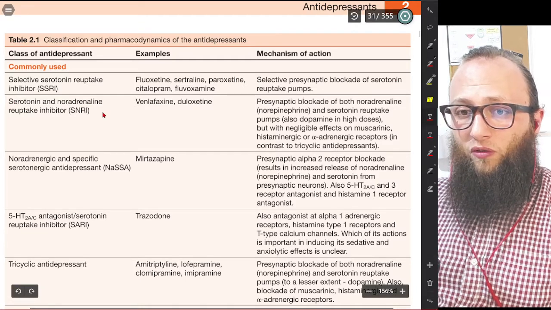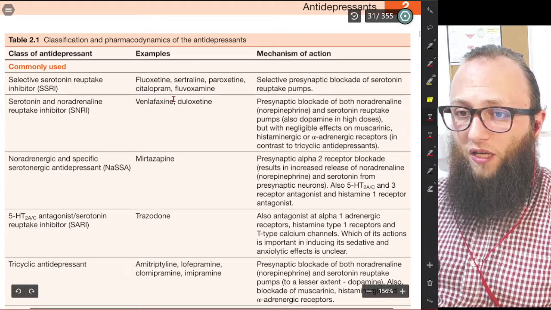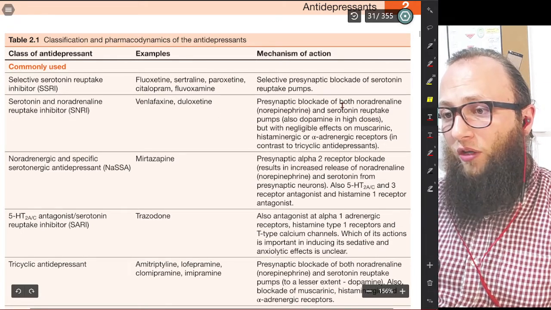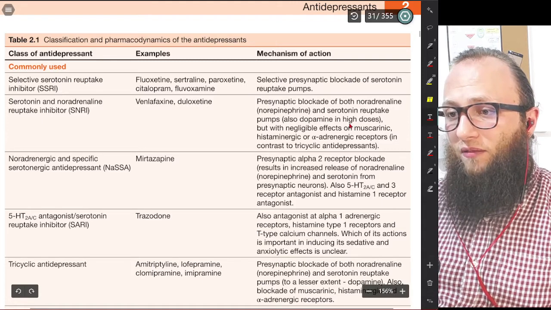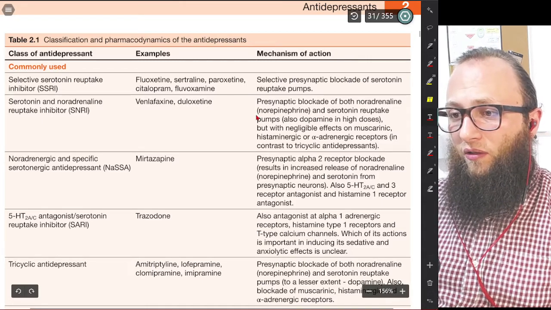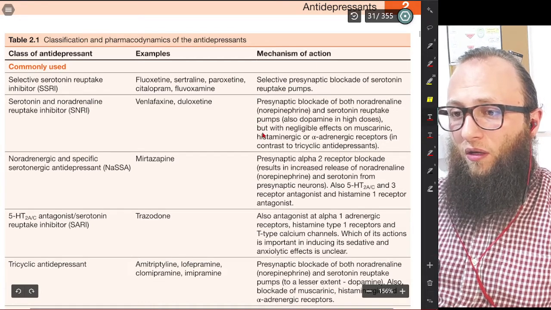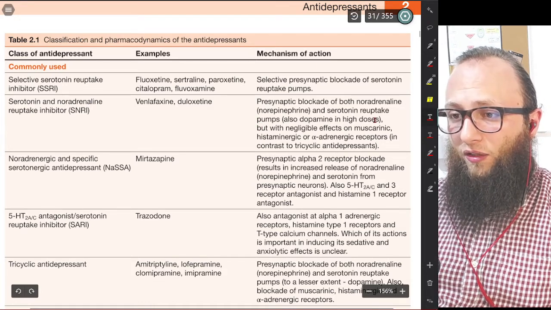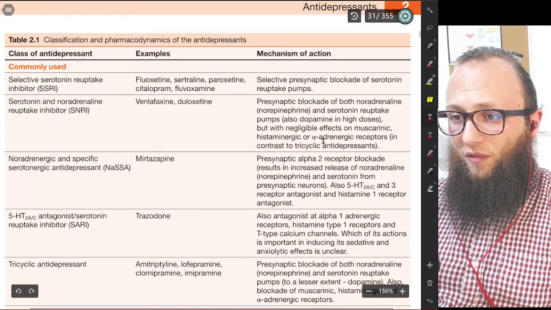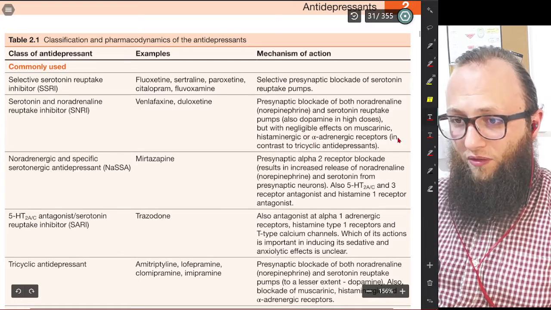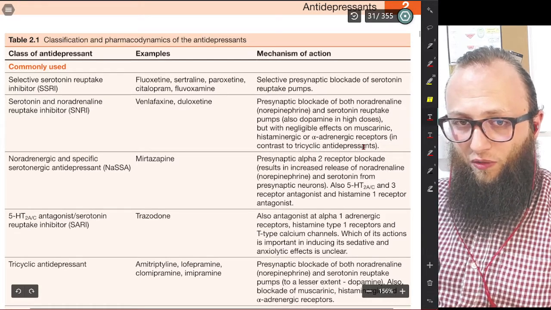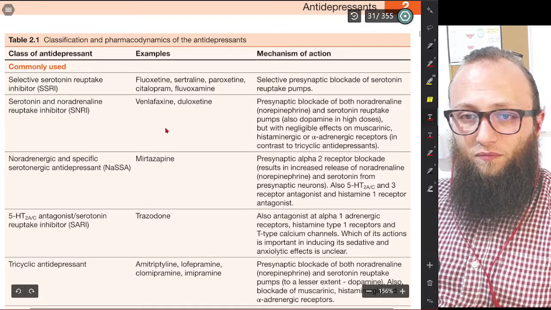What about serotonin and noradrenaline reuptake inhibitors like venlafaxine and duloxetine? The presynaptic blockage of both noradrenaline, I like this name, norepinephrine, and serotonin reuptake pumps, also dopamine in high doses, but with negligible effects on muscarinic, histaminergic, or alpha-adrenergic receptors. This will be in contrast with tricyclic antidepressants. That's why they mention this.